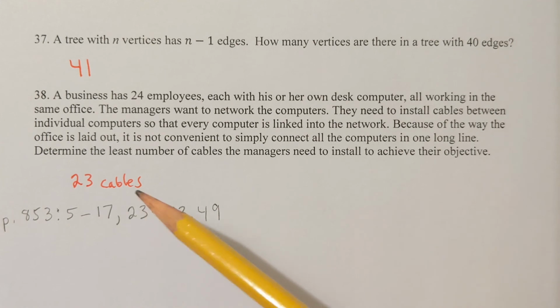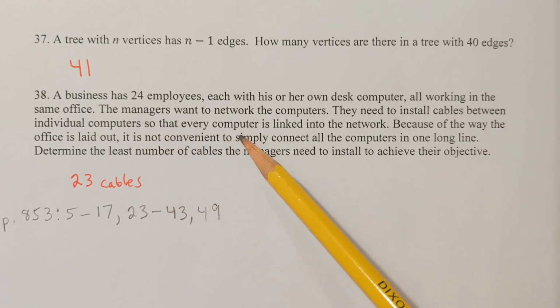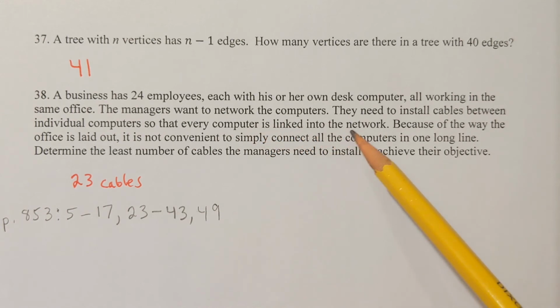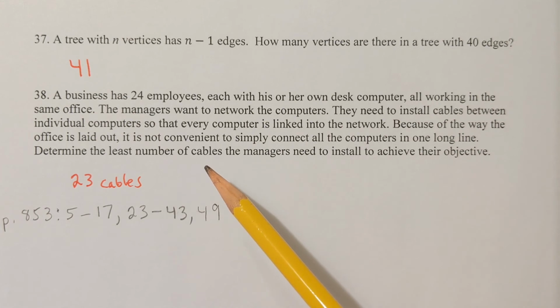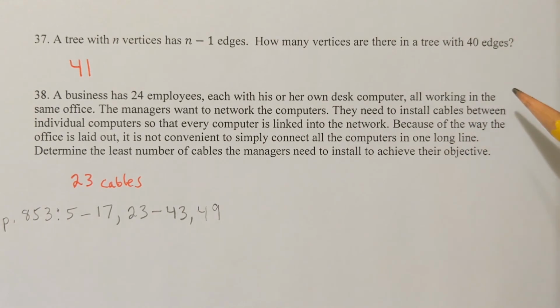Problem 38. A business has 24 employees, each with his or her own desk computer, all working in the same office. The managers want to network the computers, so they need to install cables between individual computers so that every computer is linked to the network.